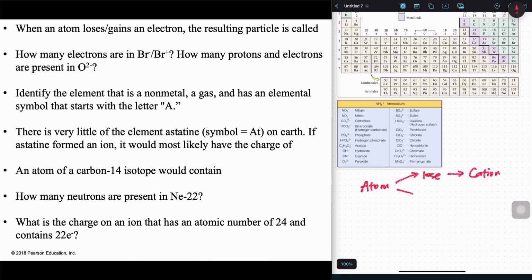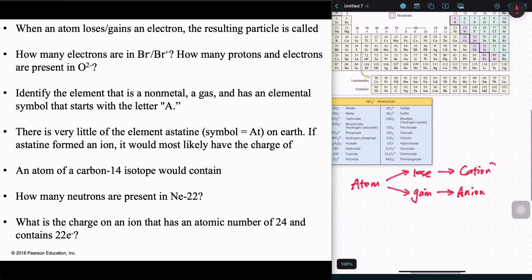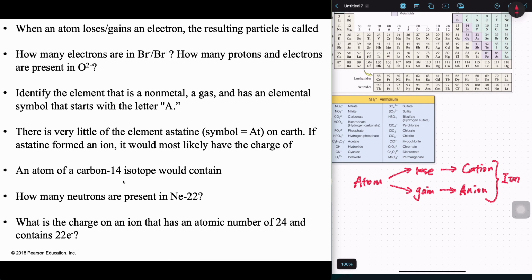But when an atom gains an electron, it will become what we call an anion. So cation and anion are the ions. So the answer for the first question is cation and anion.